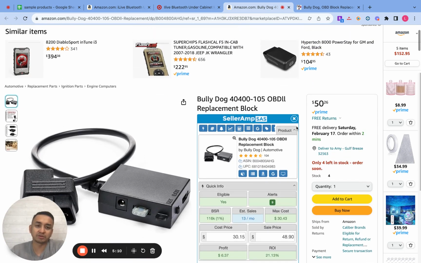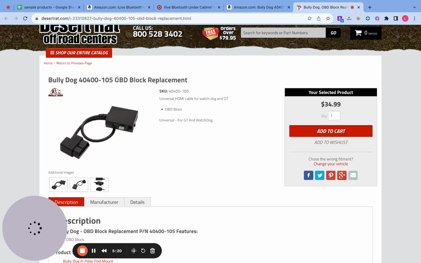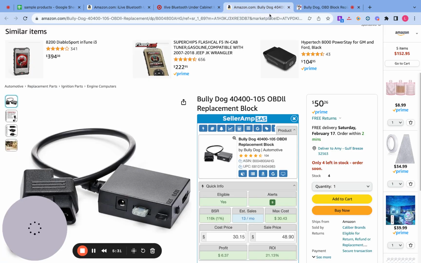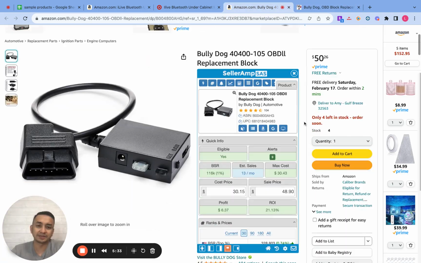The only problem with this is that there's, I think, an OBD2 here, and this one is an OBD. It's the same exact brand, right? And even the model number is here. So yeah, I'm not so sure if they're exactly the same product.